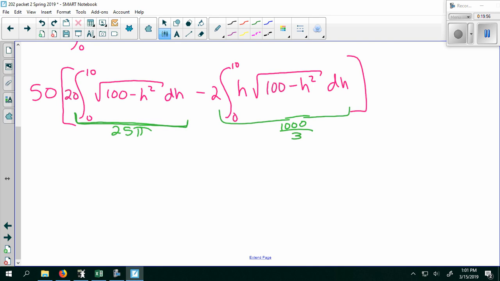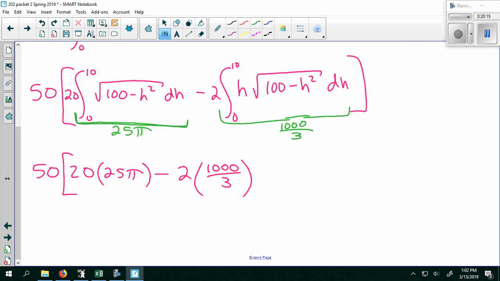Okay, so now I just have to plug all this into a calculator. So I have 50 times 20 times 25 pi minus 2 times 1,000 thirds.